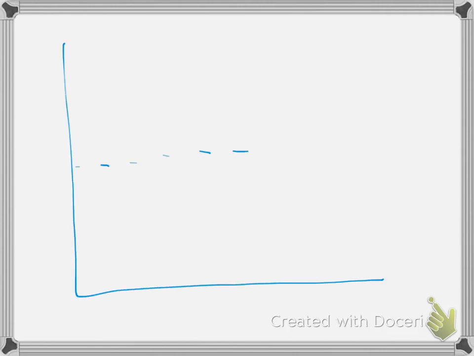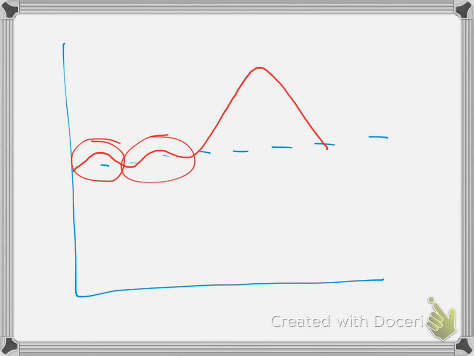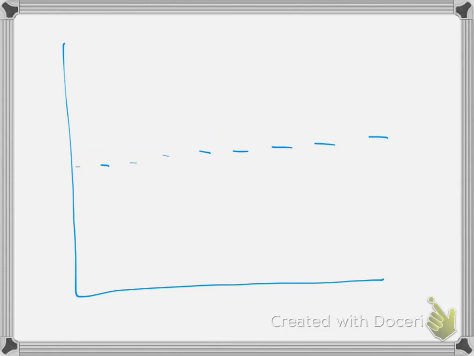So here's our set point. We know that this is dynamic equilibrium. We know that this would be negative feedback. In fact, what's happening here with this dynamic equilibrium is also negative feedback. It's just very, very small fluctuations of homeostasis. We know that this is positive feedback.